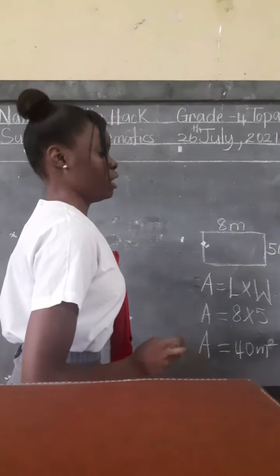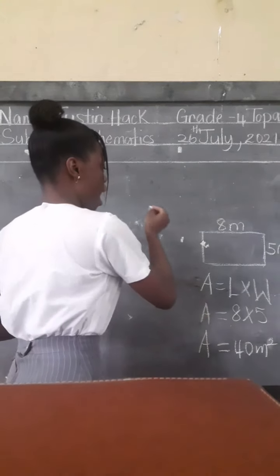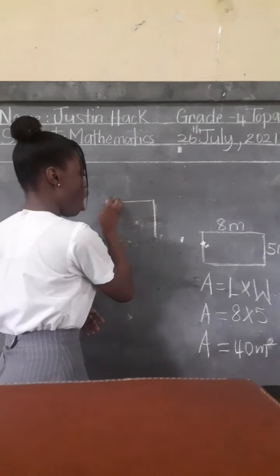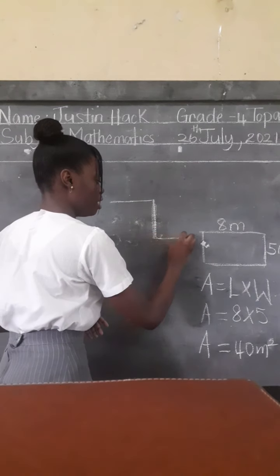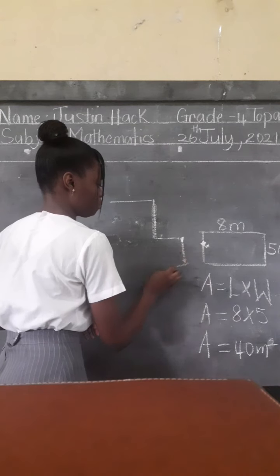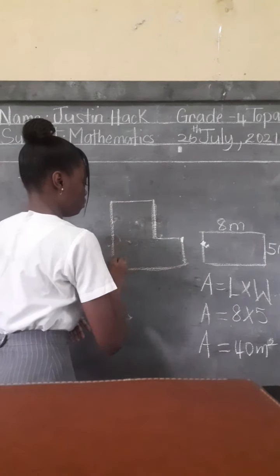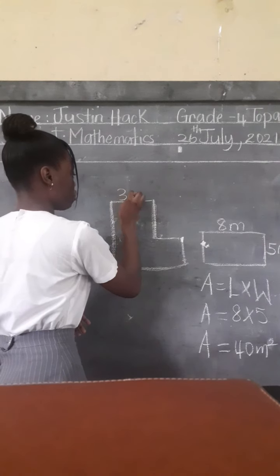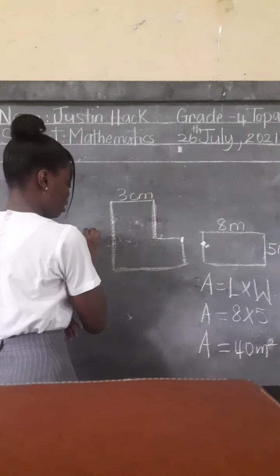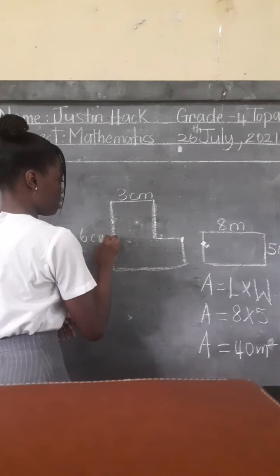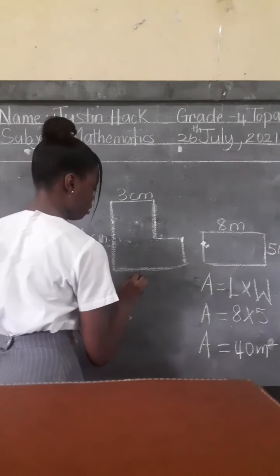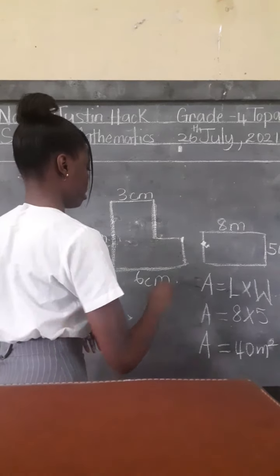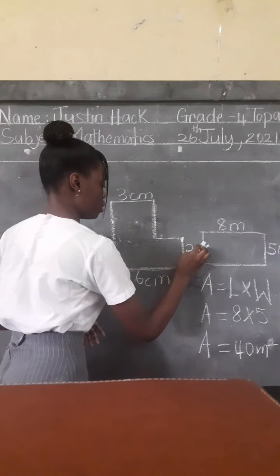All right, good. So for homework now, I want you to suggest to me how you would find the area of this shape here. Let's say we have 3 centimeters, 6 centimeters, 6 centimeters, and 2 centimeters.